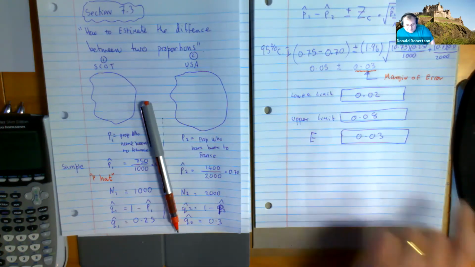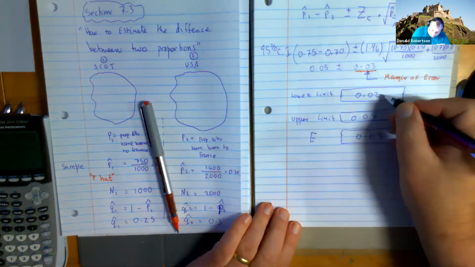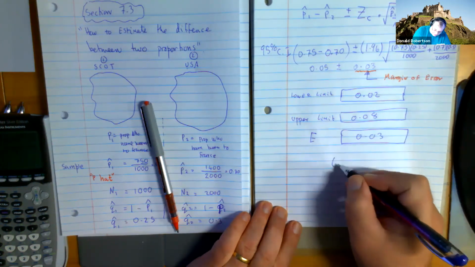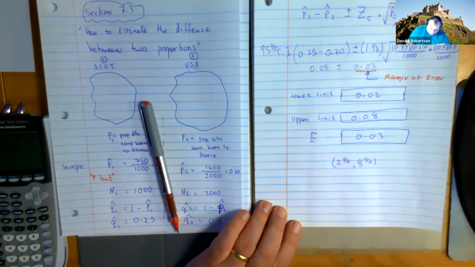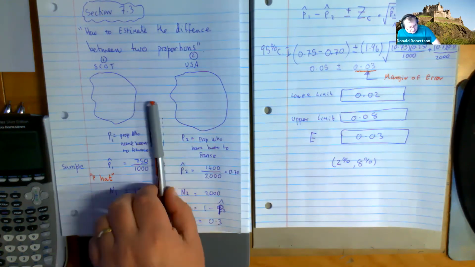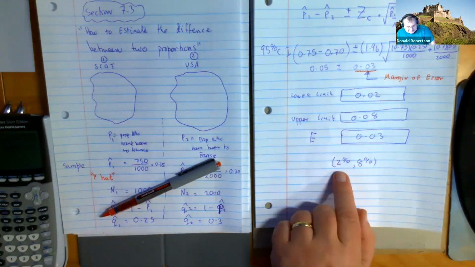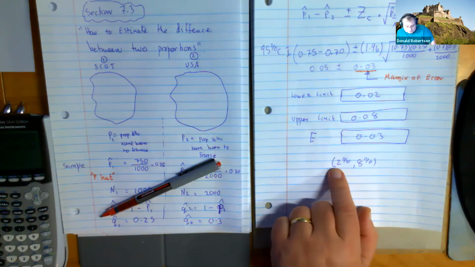Human beings, however, I don't think that's clear what the heck's going on. So that's basically 2%, and that's basically 8%. So what I am saying here is that I am 95% sure that the difference between Scots and Americans who've been to France is at least 2% up to 8%. In other words, don't Scottish guys go to France more often?